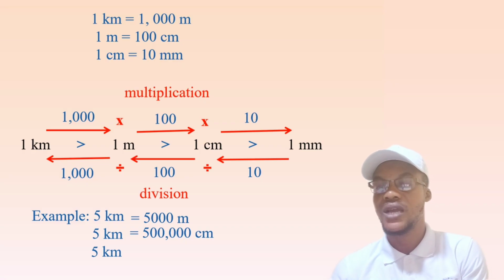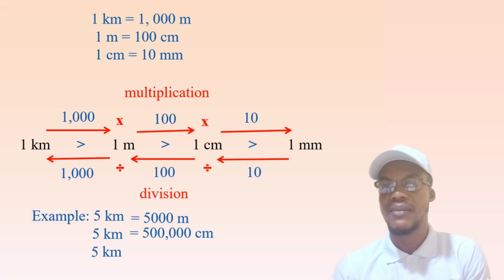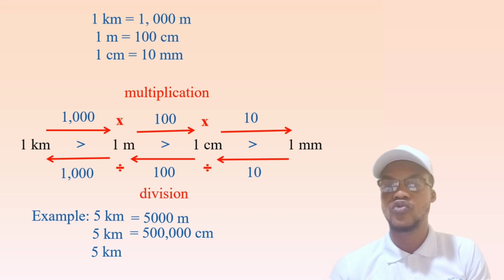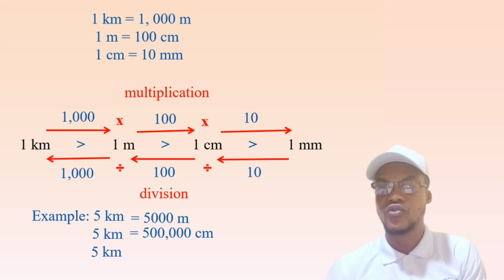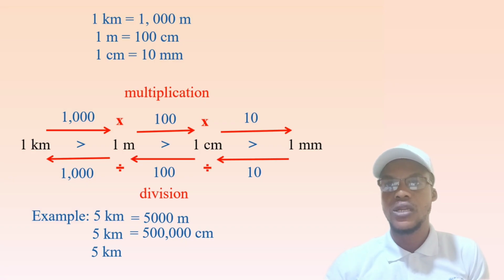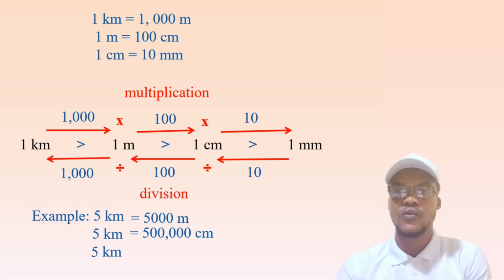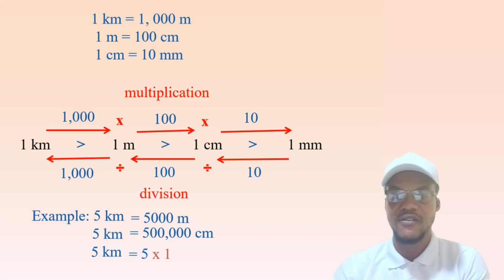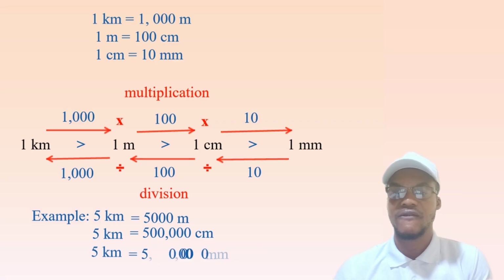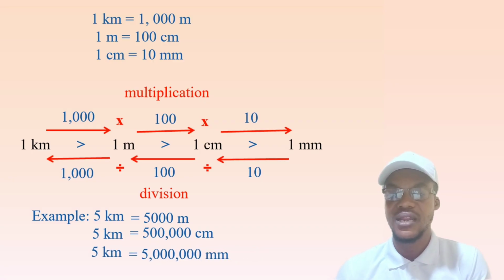This time I have to add the 10, so I still multiply by 10 again, because before I move from kilometers to millimeters, I have to pass through meters and centimeters. So 5 is multiplied by 1000, by 100 and by 10, and that gives 5 million millimeters.